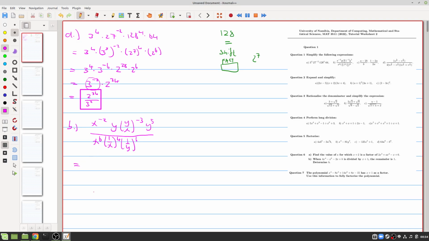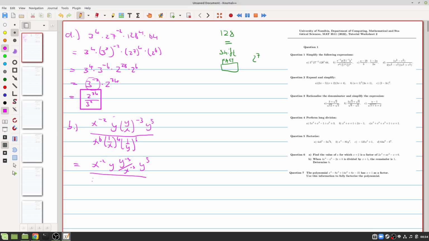Okay, so at the top, let's first sort out this part here with the brackets. From BODMAS we know we have to sort out that first, right? So let's just approach it that way. We keep the x to the power negative 2, we keep the y, and then we do y to the power negative 3 over x to the power negative 3, and then y to the power 5.